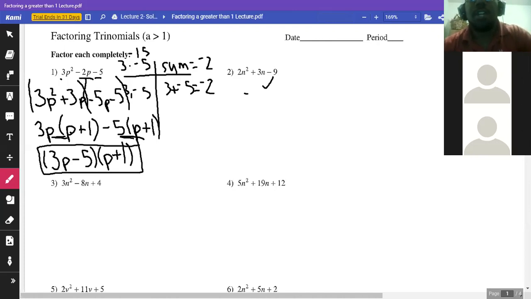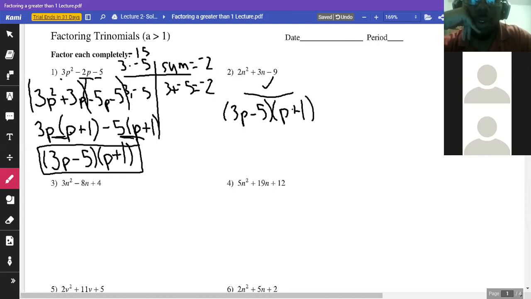If I wanted to check that, like I said, I'm just going to do the odds for now. Well, let's see, 3P minus 5 times P plus 1. I'm going to FOIL. So first, multiplying 3P by P gives me 3P squared. Outer, multiplying 3P by 1 gives me 3P.